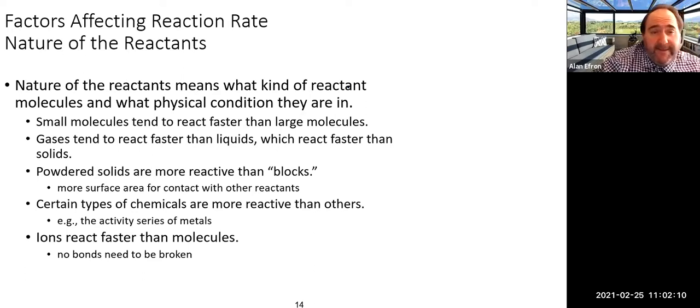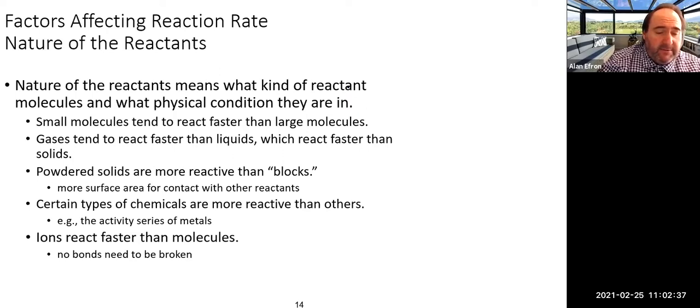Solids are packed in there pretty tight, not a lot of room for movement, so not a lot of energy happening, so not very fast in terms of those reactions. When we talk about solids, if you have more of a powdered solid than a block solid, it's more reactive. Again, it gives a lot more areas for reactions to begin, because it's spread out versus everybody packed together tight.